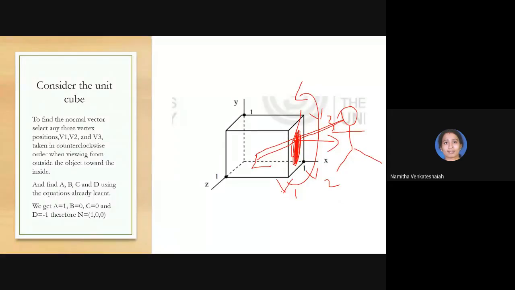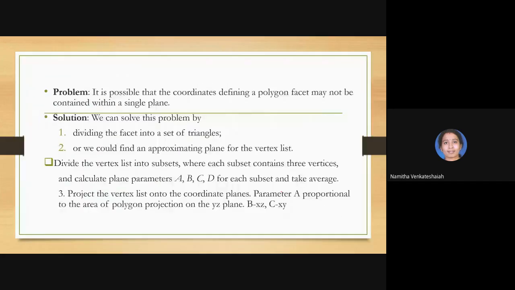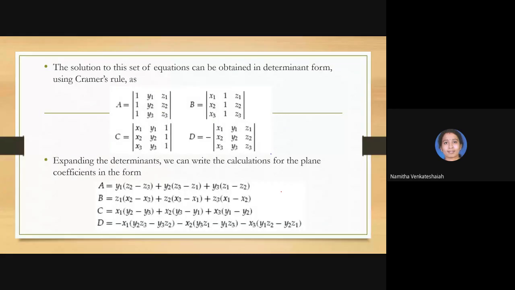One more thing is we can find the normal vector using these parameters. How to find the normal vector? If someone is viewing from outside to inside towards the origin, you consider three vertices in counterclockwise order and apply those vertices in these equations to obtain the values.